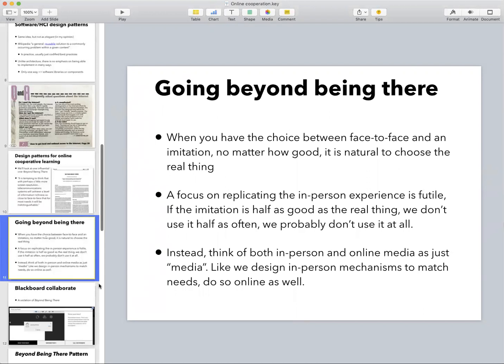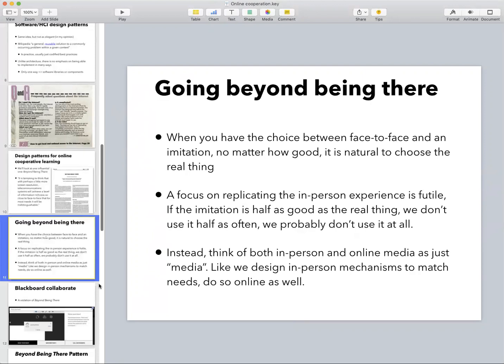And in particular, they say that when you have a choice between being face-to-face and an imitation of being face-to-face, no matter how good the imitation is, it is natural to choose the real thing. So the focus on replicating the in-person experience will inevitably lead to failure, because if the imitation is just half as good as the real thing, you're not going to use it half as often. We'll probably not use it at all.